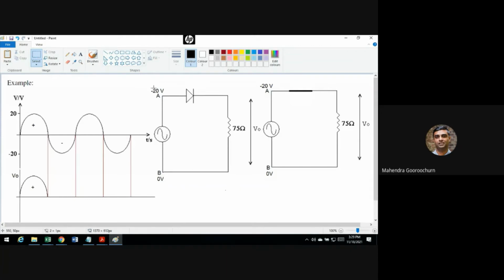You have minus 20 volts here and 0 volts here. Definitely, this is more positive, so 0 volts is higher potential than minus 20. So current will try to start flowing like this, and it cannot, because this diode is reverse biased.